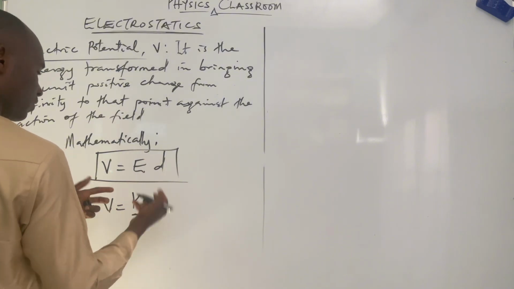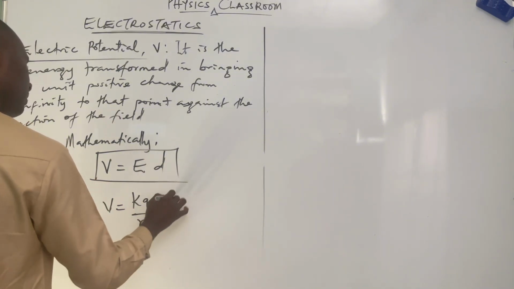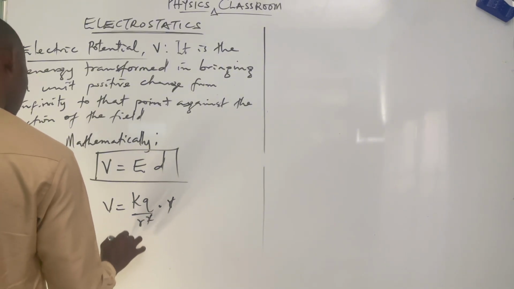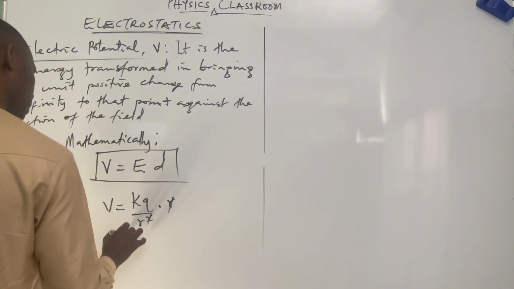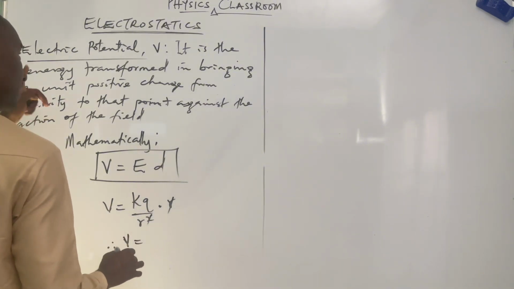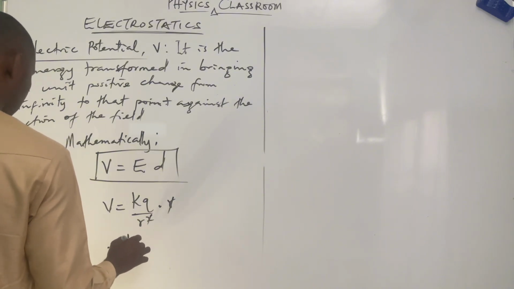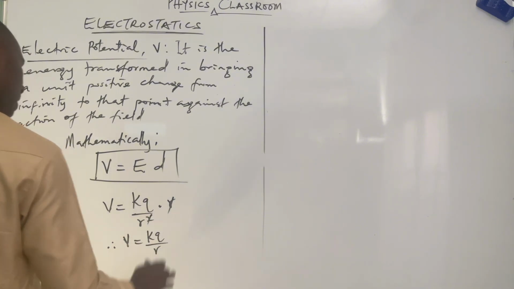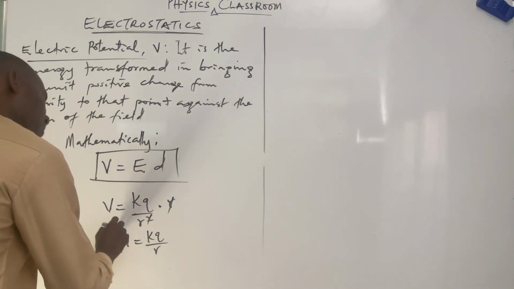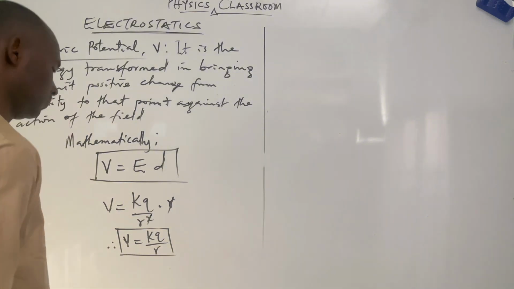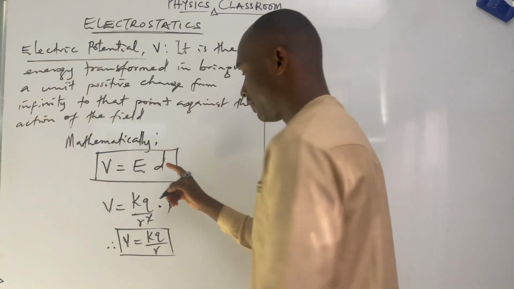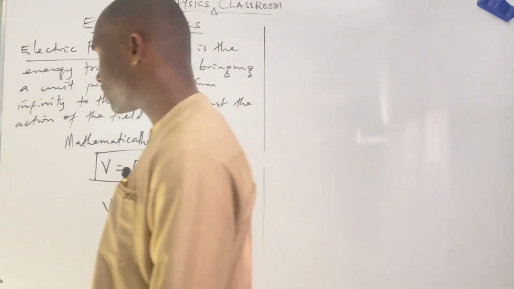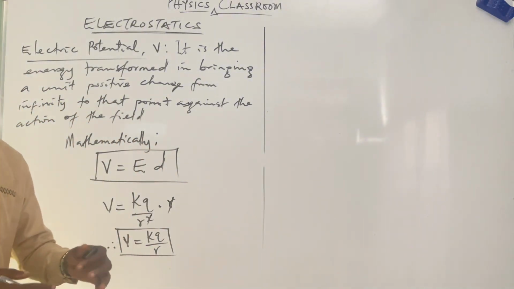D is distance, R also means distance, so I can change it to R. Therefore, our V will be equal to KQ all over R. V connotes electric potential, please have that in mind. This is another formula you can use. So you use the first one or the second one, depending on the parameters provided in the question. So that's that about that.